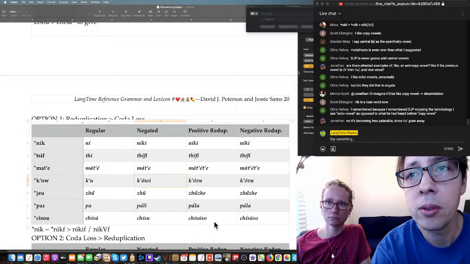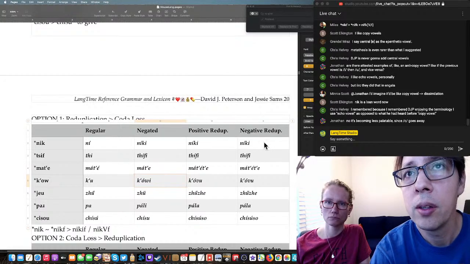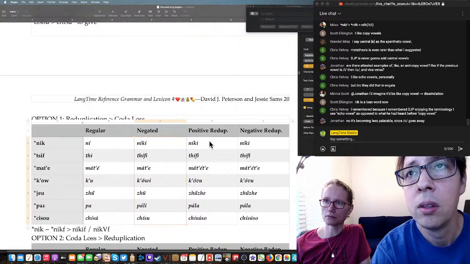Alright, and then the negative reduplicated forms are these with F added. And so these with F added, right?